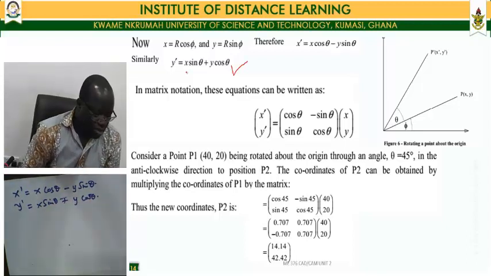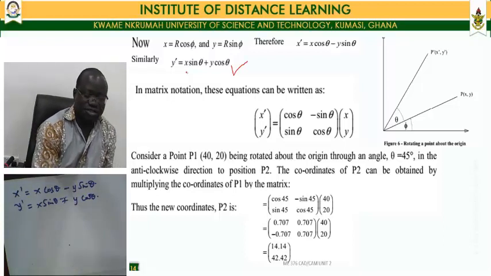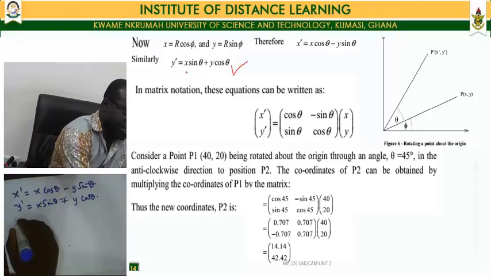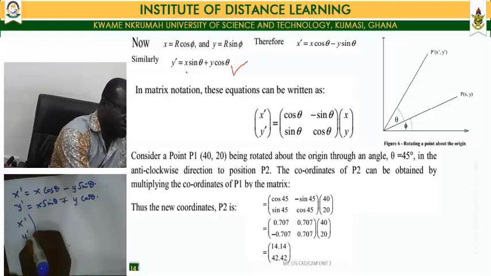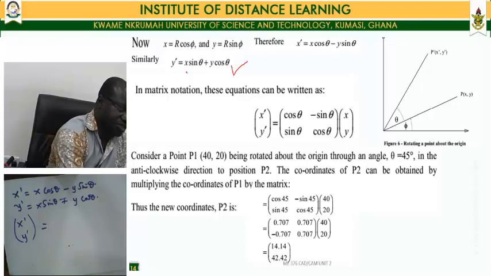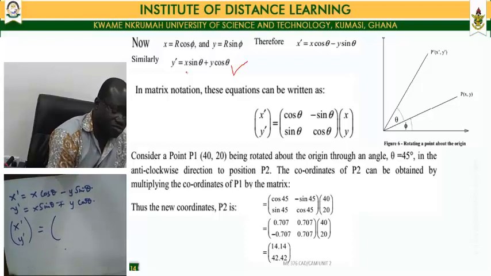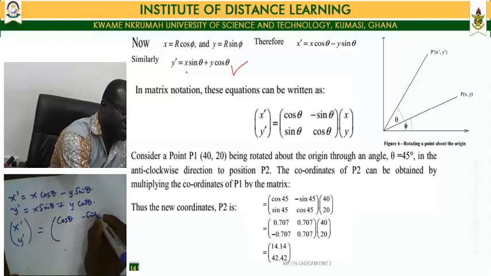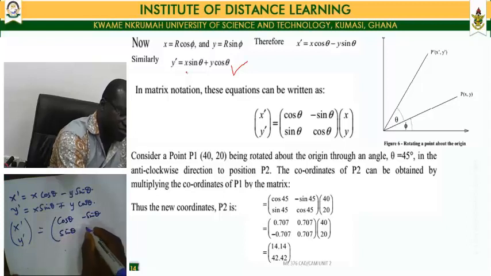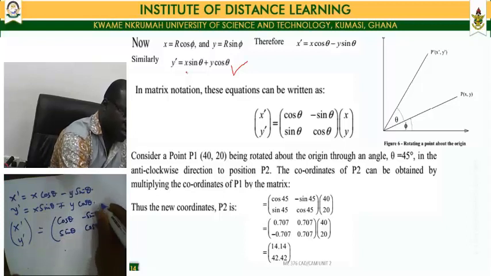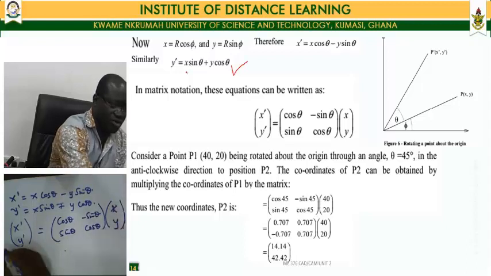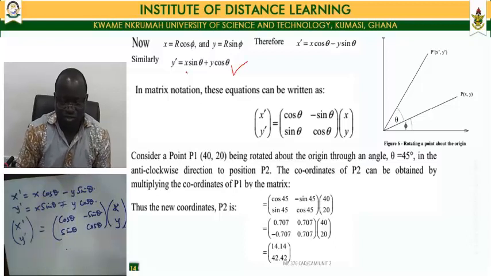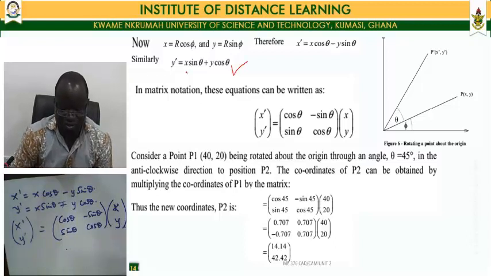If you want to represent this in matrix notation, x prime, y prime is the rotation matrix with cos theta, minus sine theta, sine theta, cos theta, operating on x and then y. And we can generate the above equations to form the transformation.